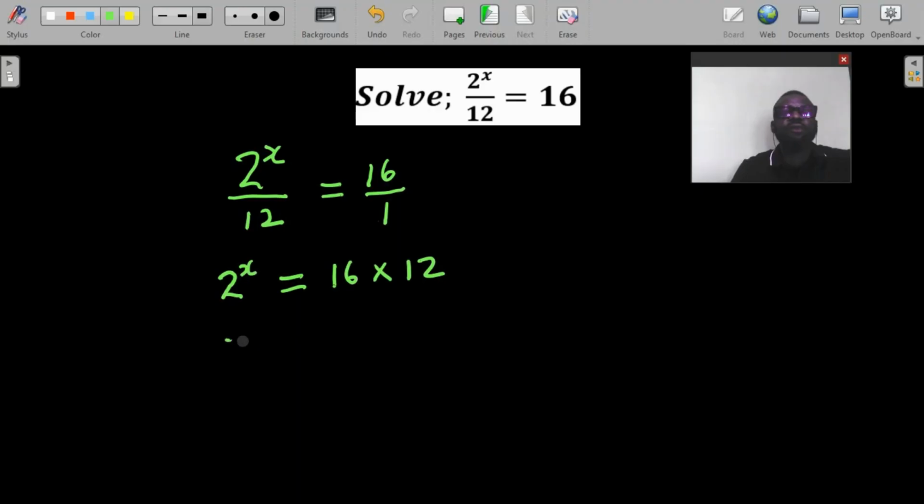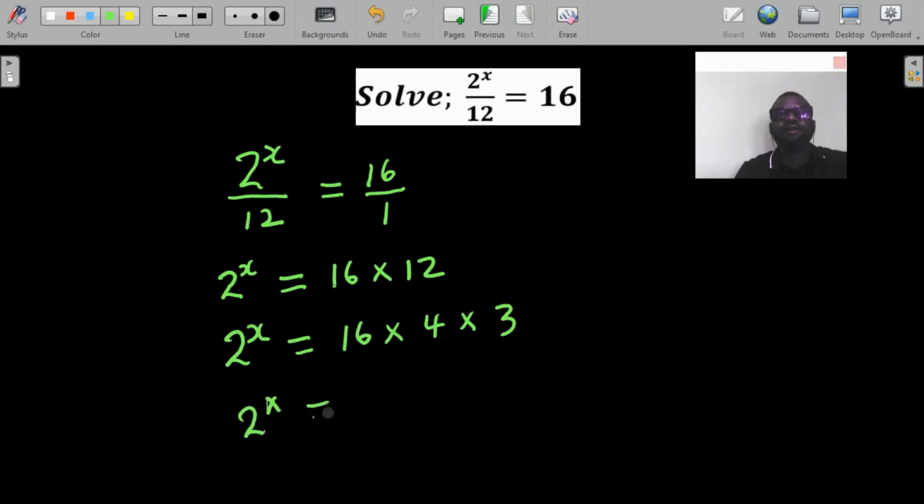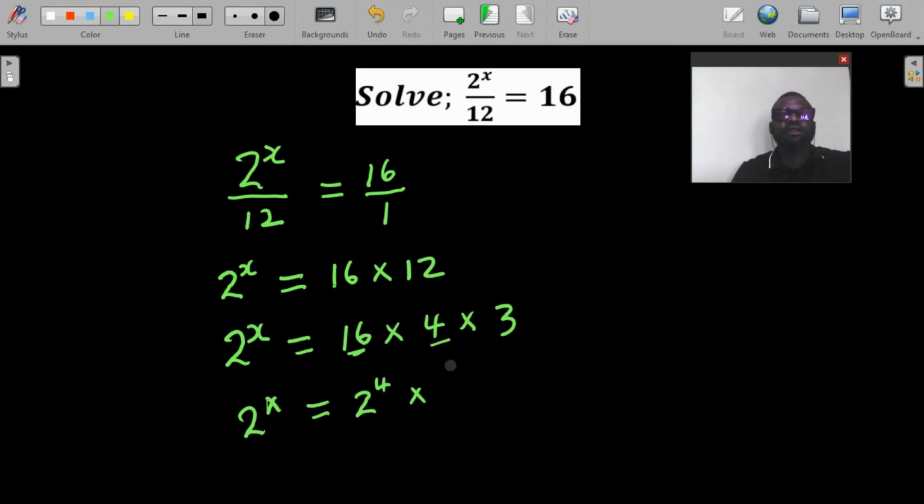Now 2 to the power of x is equal to, I can break 12 down into 4 times 3. Now 2 to the power of x is equal to, I can break this 16 to 2 to the power of 4, then multiply this 4, I can break it down to 2 to the power of 2, then multiply 3.